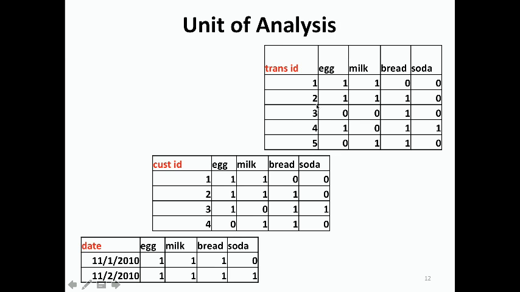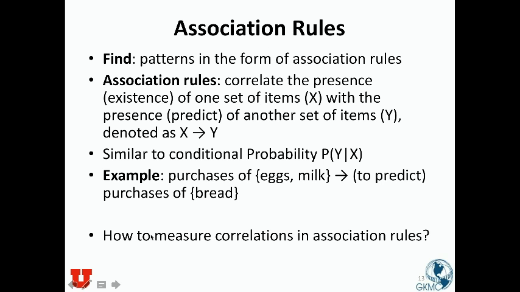Then, based on the date information from before, the first 3 transactions on one day and the second 2 on the second day, this will show the products purchased on those days. Your objective or your business application should be the basis for choosing the different unit of analysis.